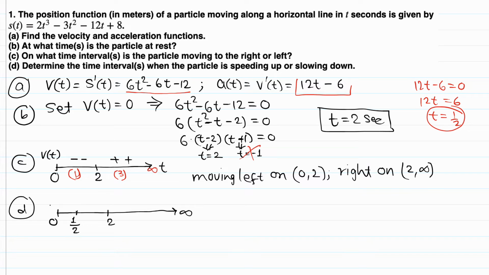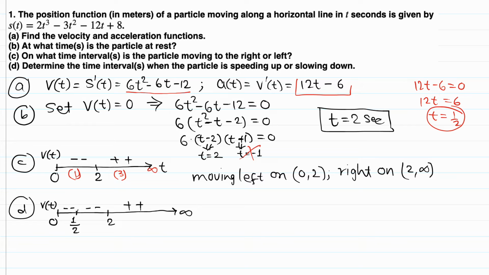We already know the sign of velocity, so let me record that. 0 to 2 is negative, so it's negative here and here. Then after 2 it is positive.